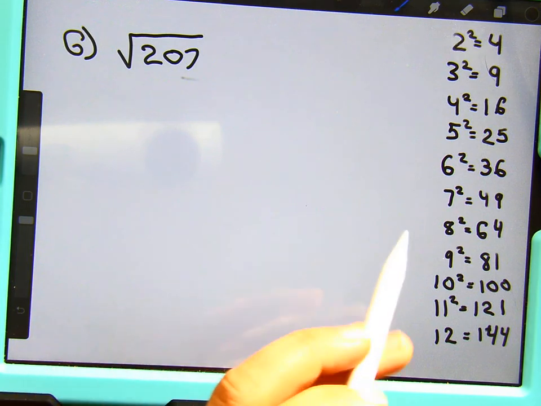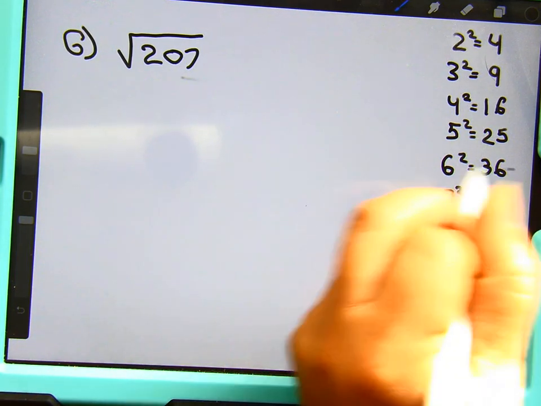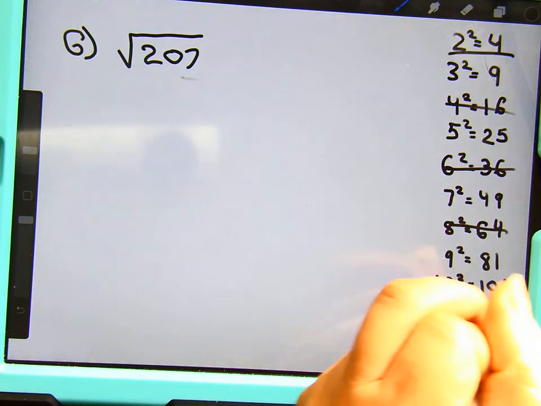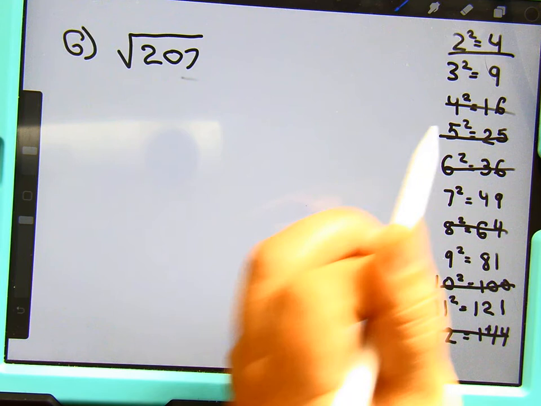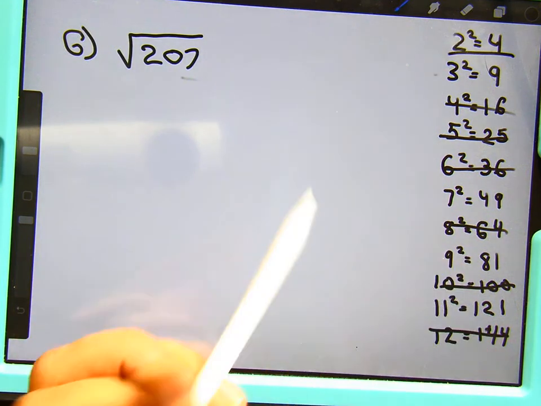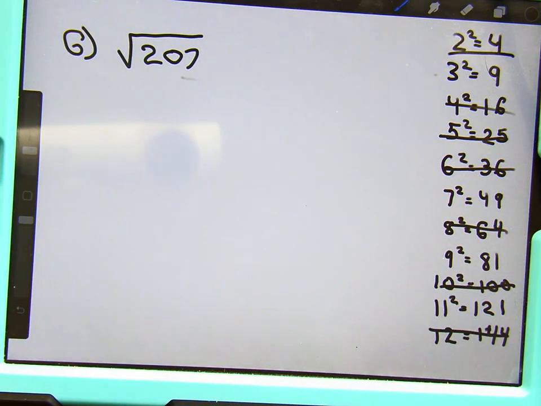All right, so let's try this. All even numbers are eliminated. Okay, my 5 is eliminated. 9 is probably going to be too small. So let's try 81. You can go, well, 207 divided by 81 is, again, a decimal.